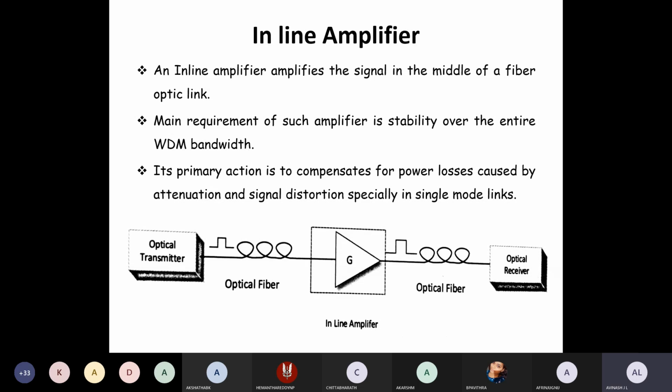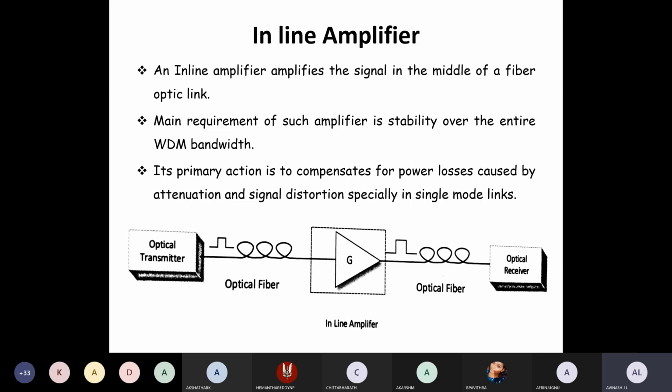All the amplifiers will compensate the power losses, and this power loss can be caused by attenuation and signal distortion. But there are some specific reasons, and small deviations are applicable. Its primary action is to compensate for power losses caused by attenuation and signal distortion, especially in single mode links.